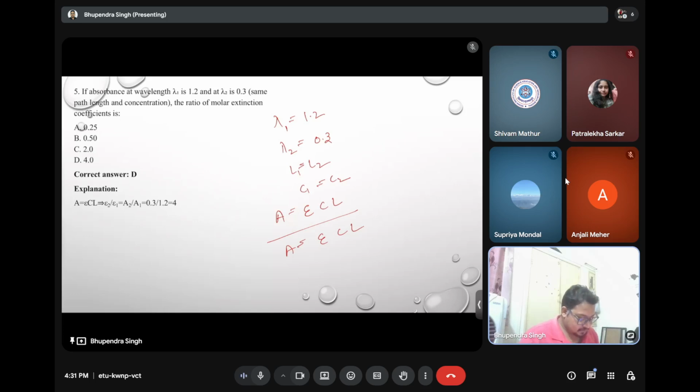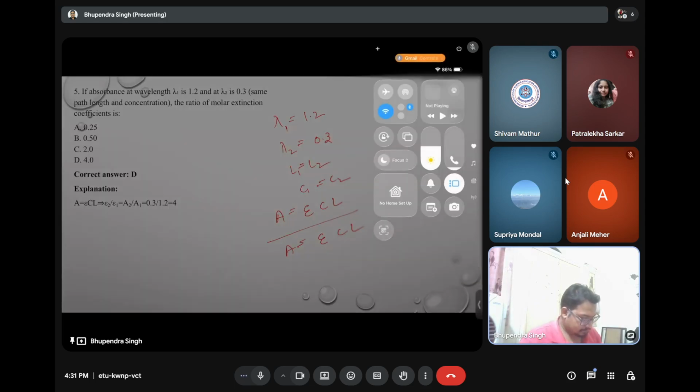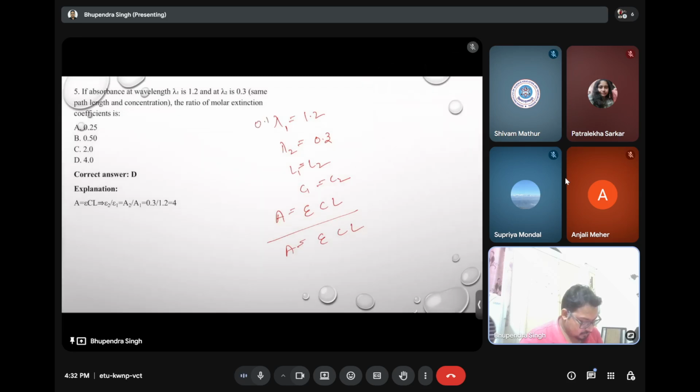The absorbance is already given. So this is OD at this wavelength and OD at this wavelength. 1.2 divided by 0.3 equals epsilon 1 C1 l1 divided by epsilon 2 C2 l2.